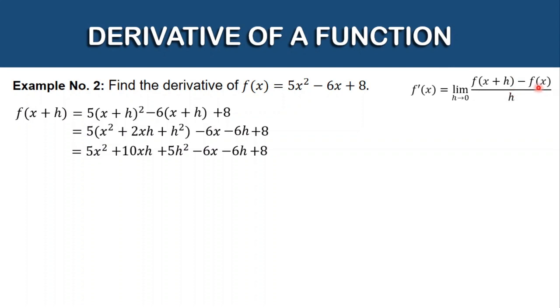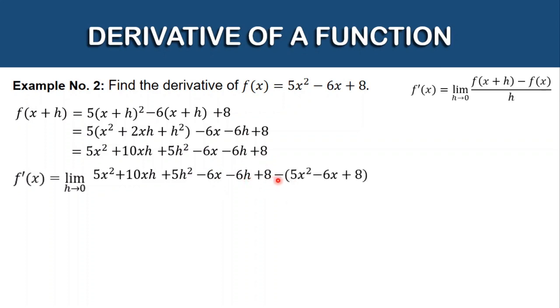Then, again, yung f of x is this part. And by substitution, we have the first derivative of the limit of 5x squared. So, kopyahin muna natin itong part na f of x plus h. So, 5x squared plus 10xh plus 5h squared minus 6x minus 6h plus 8 minus the function. Then, all over h.